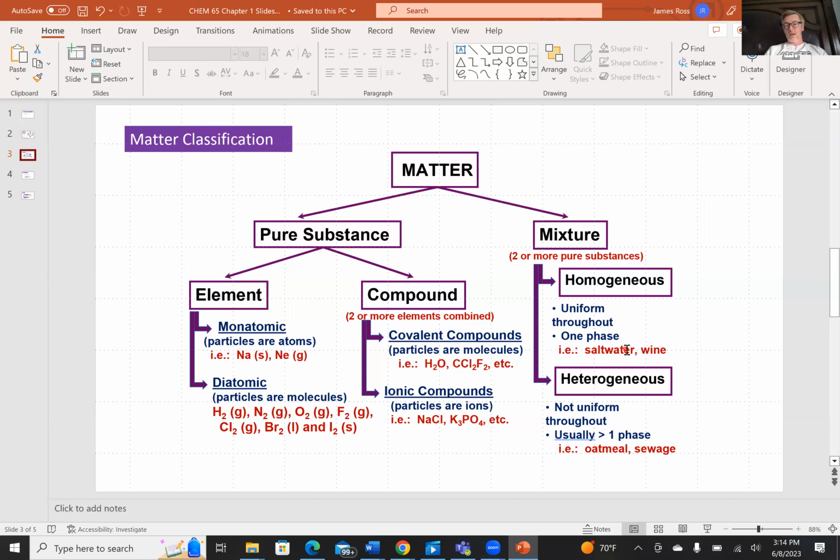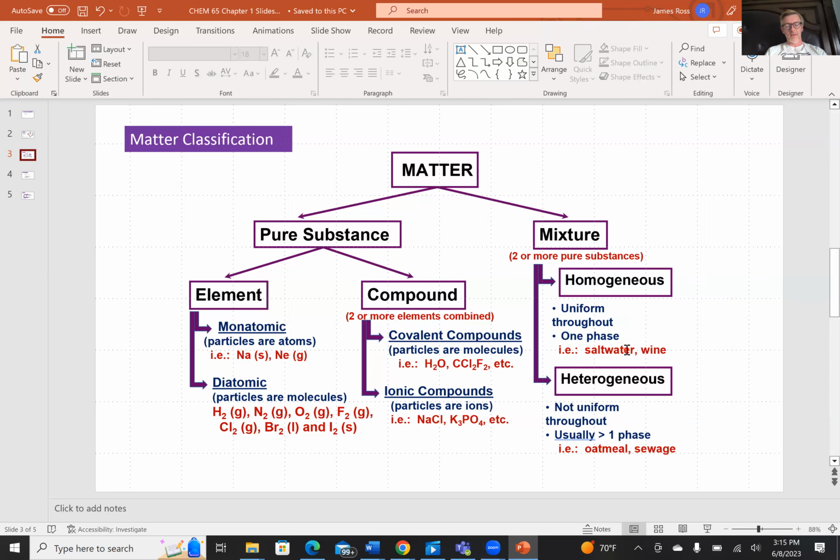So for example, salt water is a mixture of some kind of salt and water, but the salt is dissolved, so you don't see the pieces of salt. Imagine going to the beach and you scoop in a glass some ocean water. It just looks like water. You wouldn't know there was any salt in there unless you tasted it.